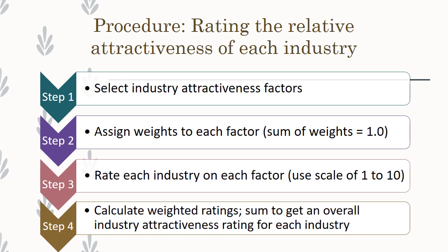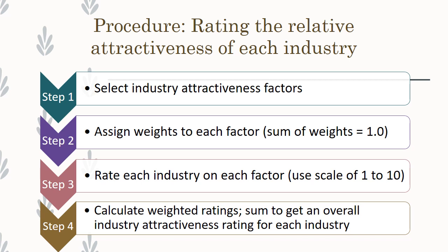This is the procedure for rating the relative attractiveness of each industry. Step 1. Select industry attractiveness factors. Step 2. Assign weight to each factor, with the sum of weights equal to 1.0. Step 3. Rate each industry on each factor, using a scale of 1 to 10. And step 4.